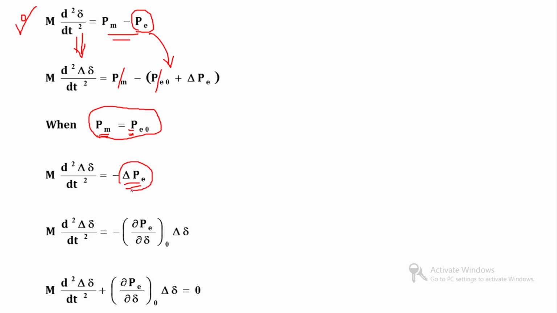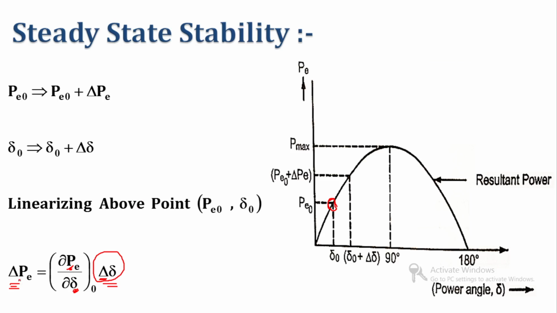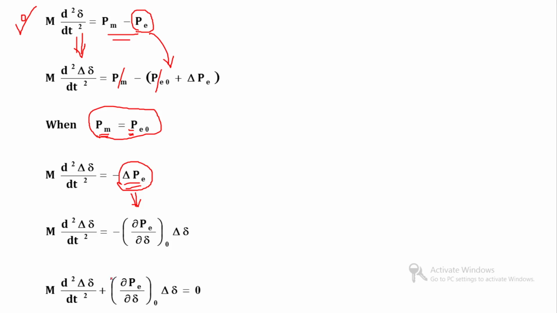Now we can write delta P is equal to del P by del delta 0 multiplied by delta delta, because we have written over here delta Pe is equal to del P by del delta at the initial point delta 0, times delta delta.